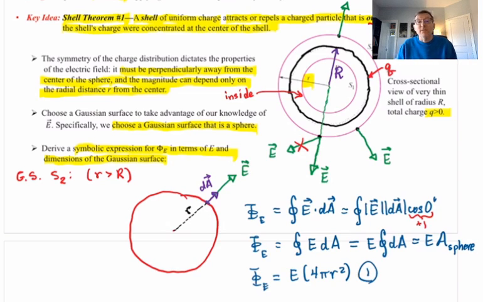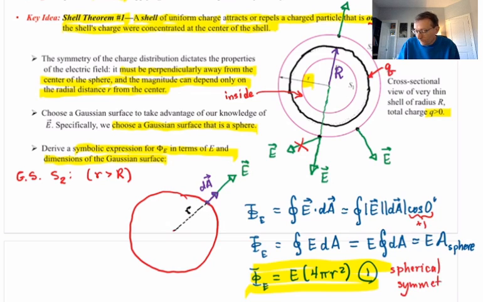Because that is our symbolic expression for the electric flux when you have spherical symmetry. That's what we've got here, right? All right, that's an important part of Gauss's law, the expression for the electric flux through the chosen Gaussian surface.